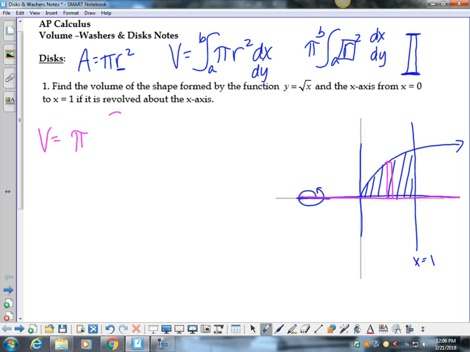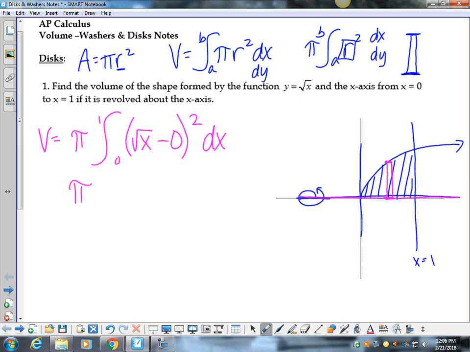So pi, the integral from 0 to 1. Now my r of this figure is the top minus the bottom. So that gives me the height of my rectangle. So the top minus the bottom squared dx.